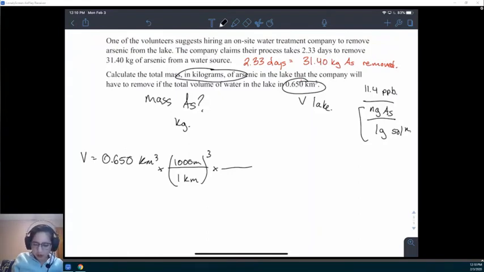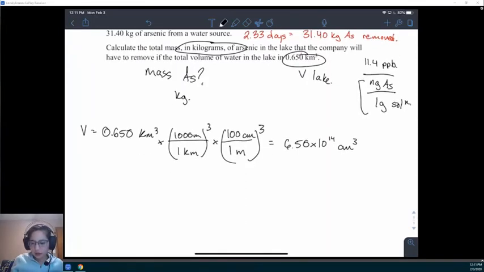So in 1 meter, there is 100 centimeters. And then that all cubed. All right? So if you plug that into your calculator, you get that the volume of the lake is 6.50 times 10 to the positive 14 centimeters cubed. Great.